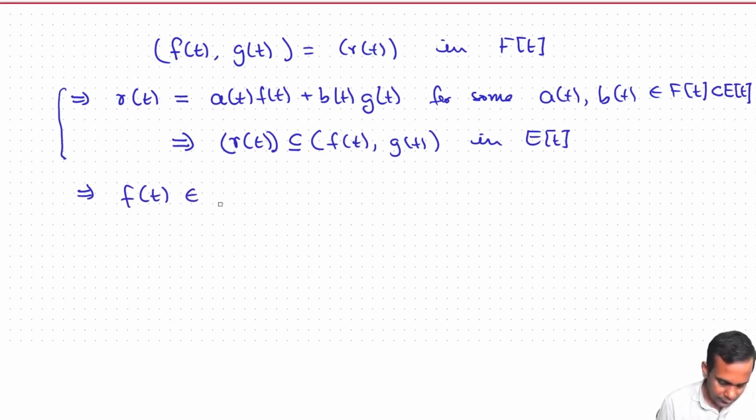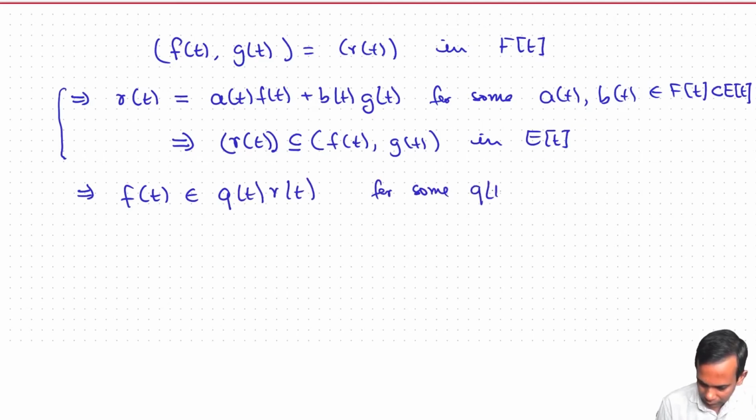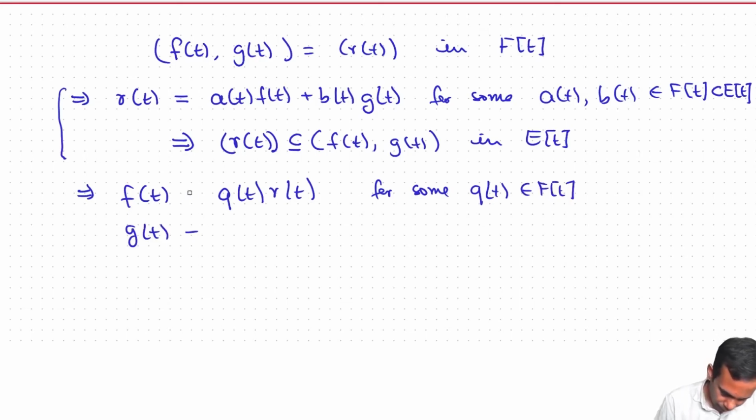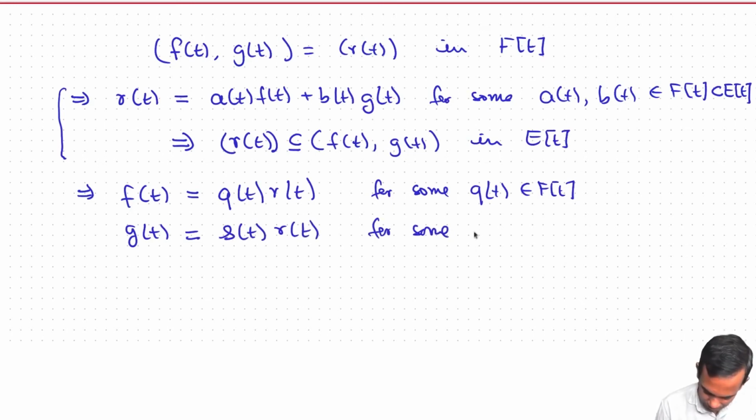So f(t) is some q(t) times r(t) for some q(t) in F[t], and g(t) is equal to s(t) times r(t) for some s(t) in F[t].